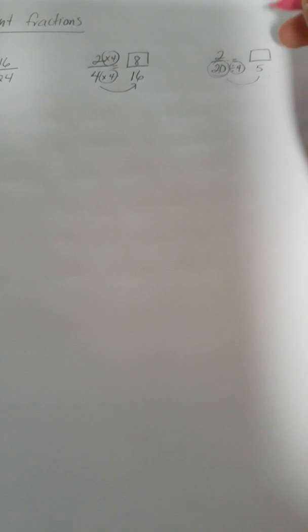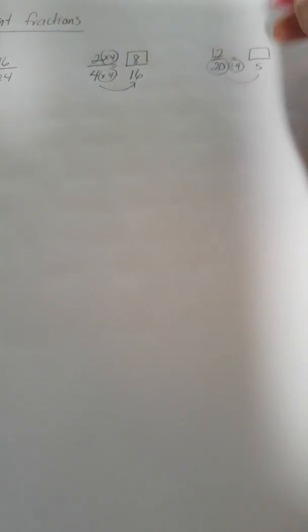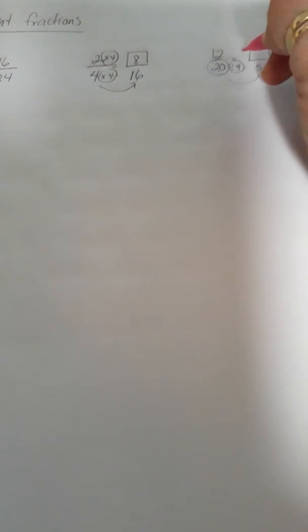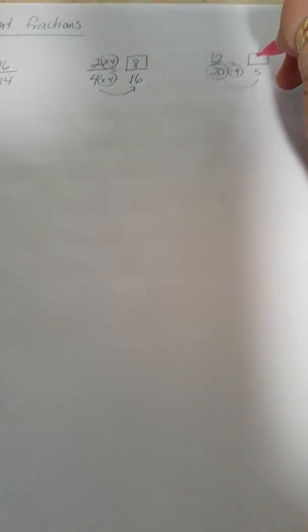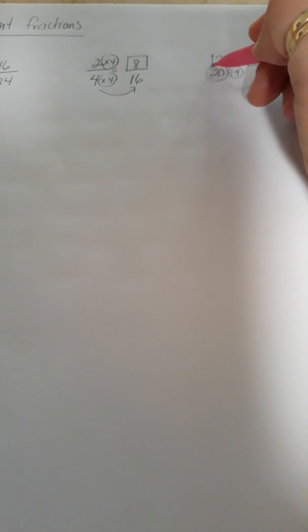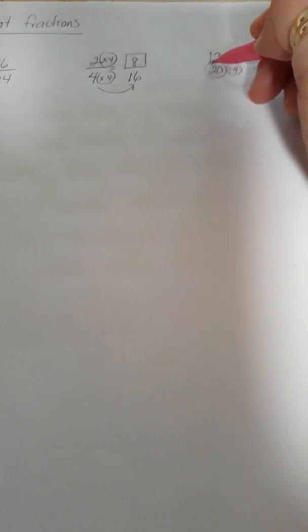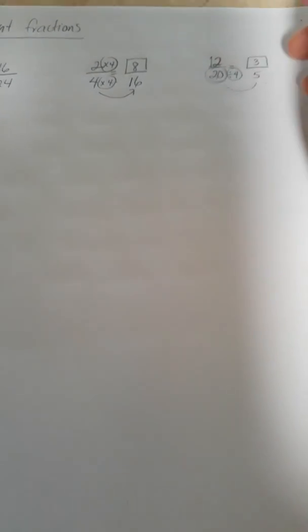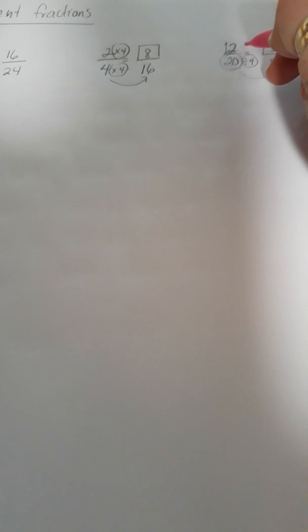So then what number times 4 is 12? And that would be 3. If you noticed, I fixed it here and wrote a 12 because I had a 2 by itself. Remember, whatever we do to one brother, we do to the other. How do we check it? Well, the opposite way around.